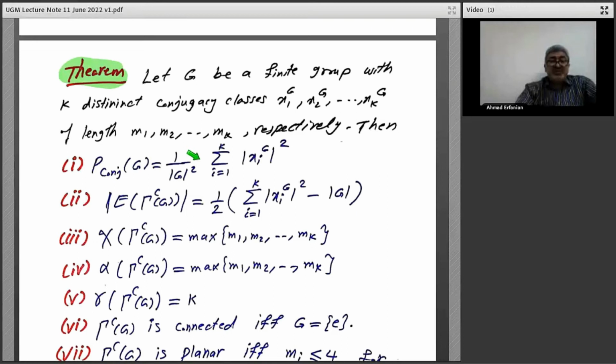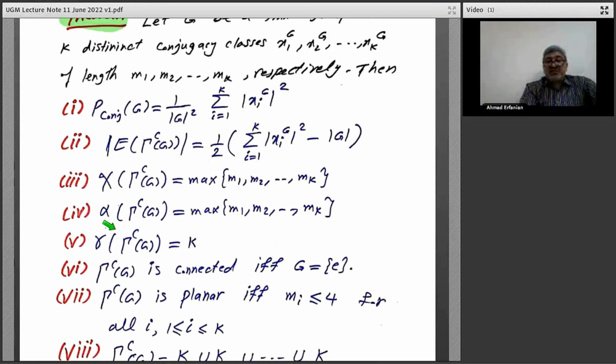Here are some basic results about the conjugate graph I listed here, right? So if G is a finite group, and we have k distinct conjugacy classes of sizes m1, m2, and mk respectively, then we have the formula for the conjugate degree in terms of the size of conjugacy classes.